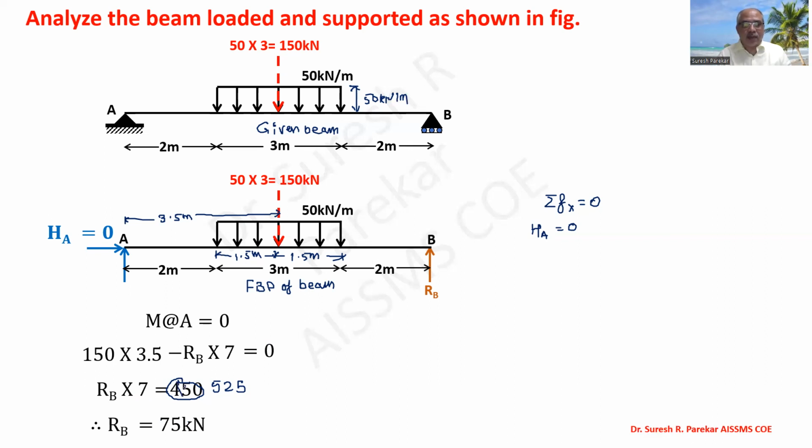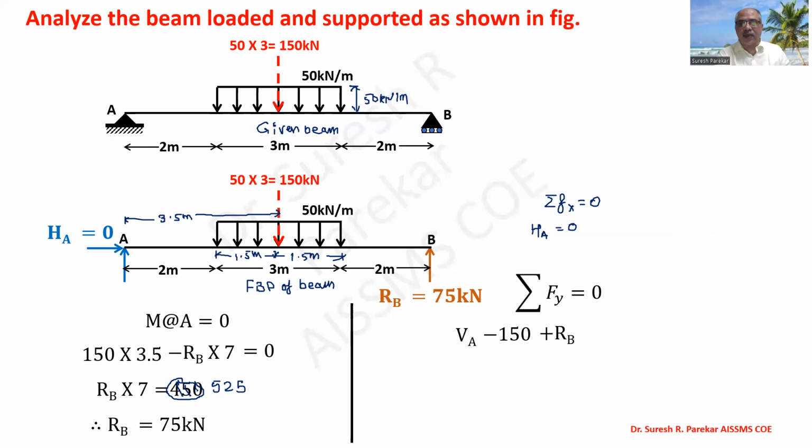Knowing the value of RB, we use summation Fy equal to 0: VA minus 150 plus RB equal to 0, and VA is also 75 kilonewton. As the values are plus, whatever direction we assumed is correct, and both are in the upward direction. So VA is 75 kilonewton.